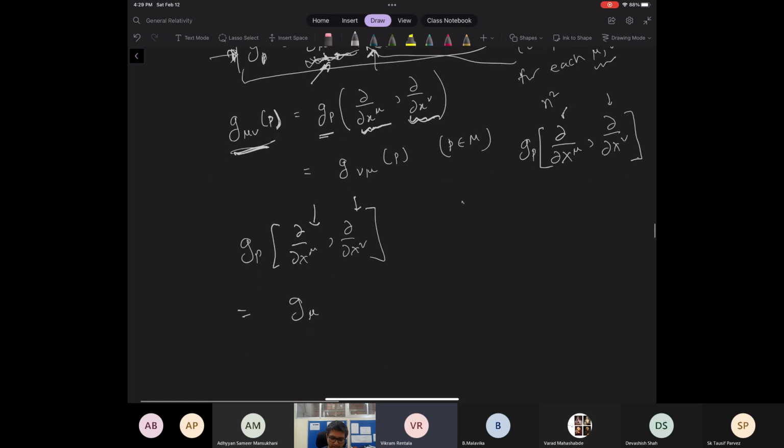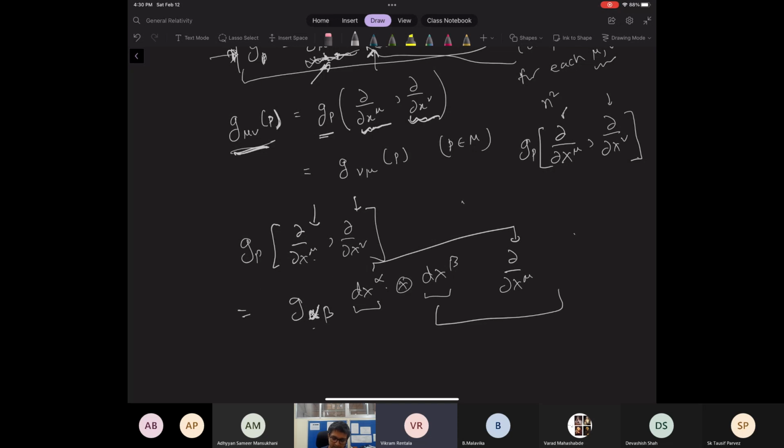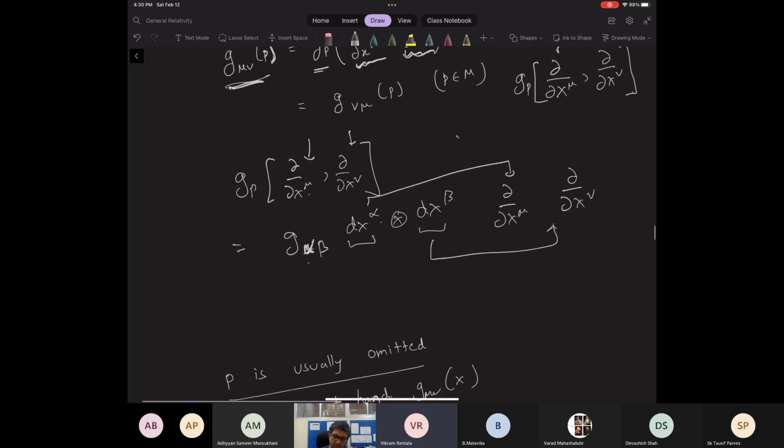So we can change those dummy indices to alpha, beta: g alpha beta dx alpha tensor dx beta. Because these indices are summed over. These mu nu indices are not summed over. And now the first slot, this dx alpha, acts on partial x mu. The second slot, that is this dx beta, acts on partial x nu.